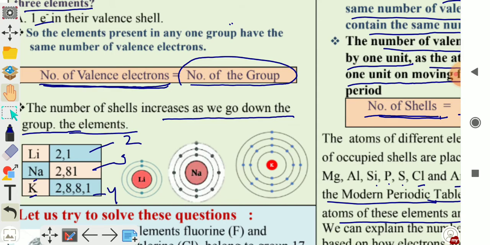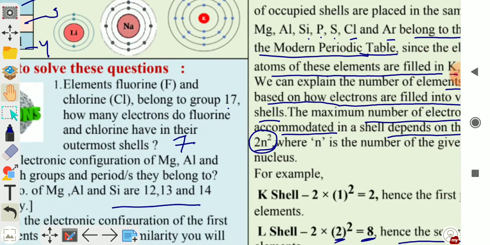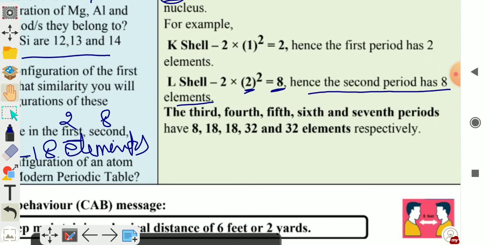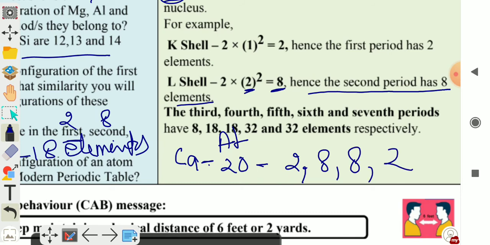Suppose an element is calcium. Its atomic number is 20 and electronic configuration is 2, 8, 8, 2. Calcium contains 4 shells: first, second, third and fourth.